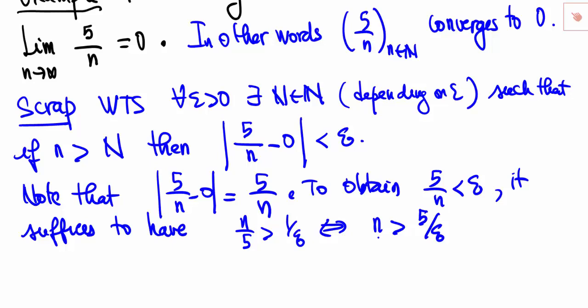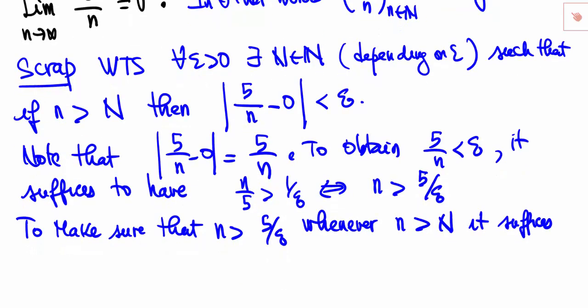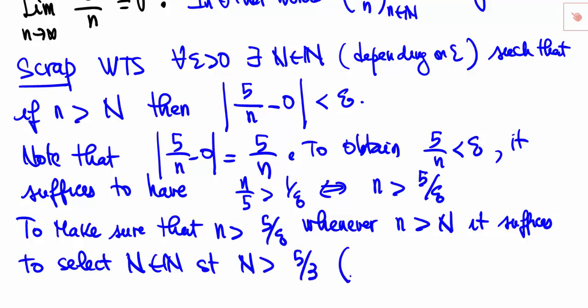And how do we achieve these bounds? Well, to make sure that n is greater than 5 over epsilon whenever little n is bigger than capital N, it suffices to select N as a natural number such that N is bigger than 5 over epsilon, and this can be done by the Archimedean property, sort of similarly to what we've done earlier.